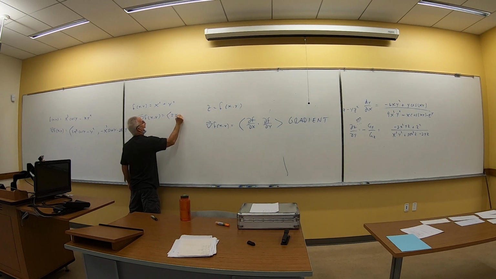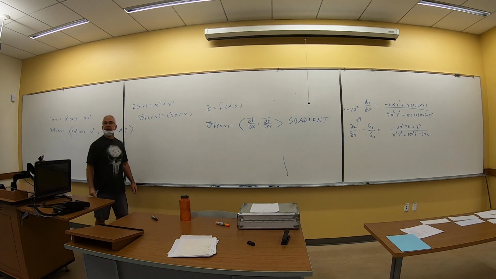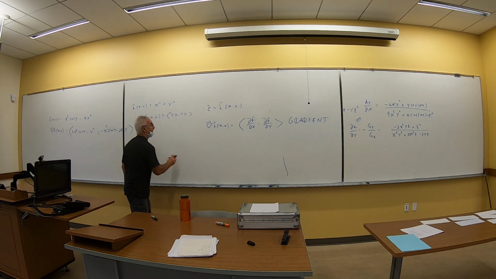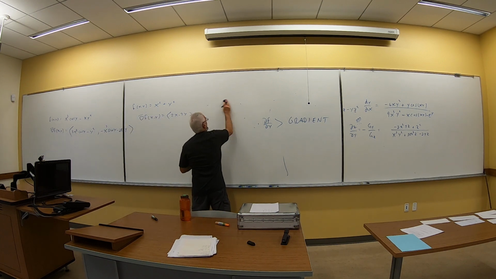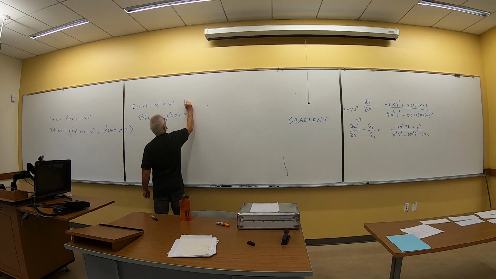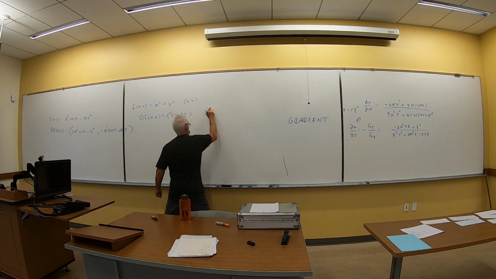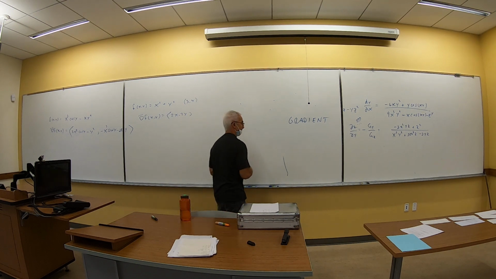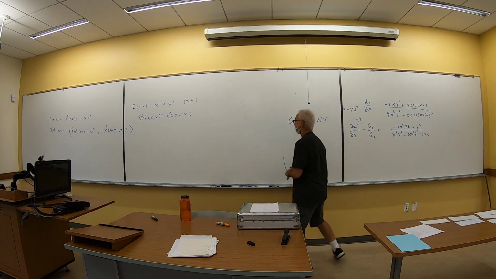So this is just 2x comma 2y. Now, I can ask the gradient at an infinite number of points. So let's just suppose on my bloomin' onion, I want the gradient at, let's use the point, how about 3 comma 4. All right? So what does that look like?